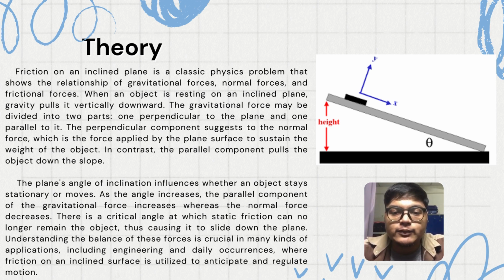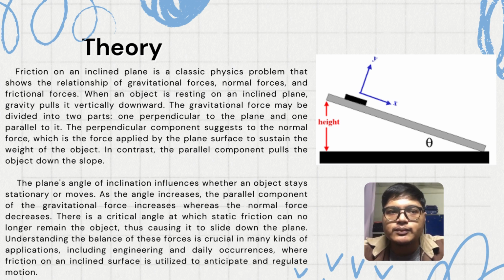I'm NAZMI. I will explain about the theory of friction of inclined plane. Friction on inclined plane is a classic physics problem that shows relationship between gravitational force, normal force, and frictional force. So, when an object is resting on an inclined plane, gravity pulls it vertically downward.